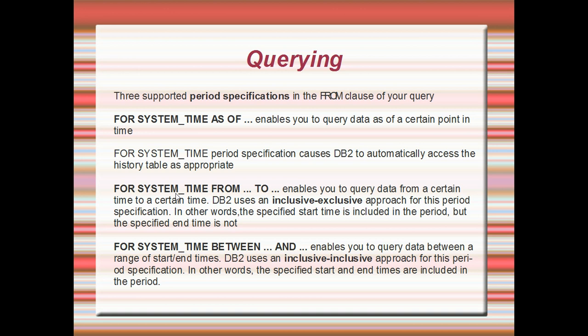Because of the way BETWEEN and FROM work internally, I believe the second one works better. So in terms of performance, we can get a better result by using the second one, FOR SYSTEM_TIME FROM period TO period.